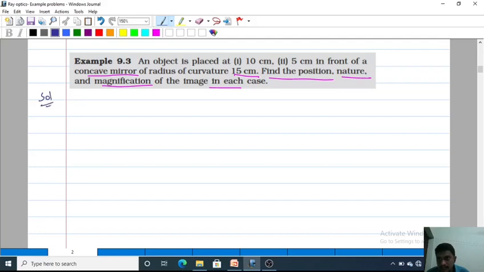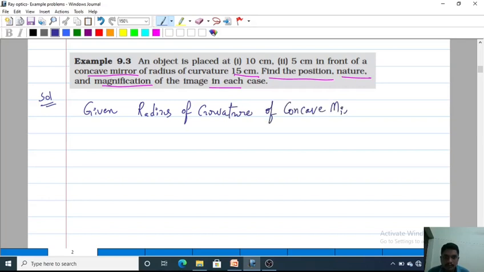Now, this is the solution. And what is given to us? It is given that the radius of curvature of this concave mirror, r is equal to 15 centimeter.